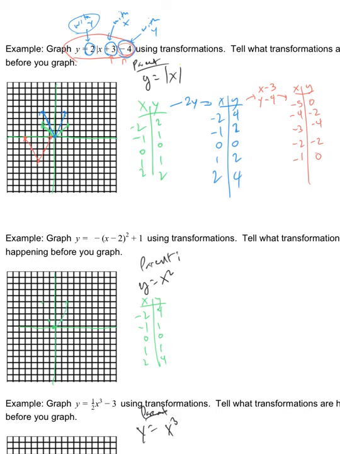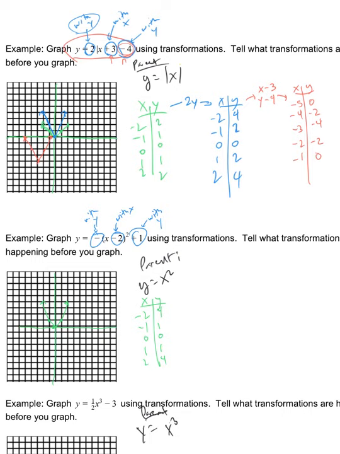Okay, there's the parent graph. So now I'm going to look at the numbers that are different from the parent graph, which are this and this and this. I'm going to classify them as being with x or with y. So that one that's inside parentheses is with x. These are with y, because they're outside the parentheses.